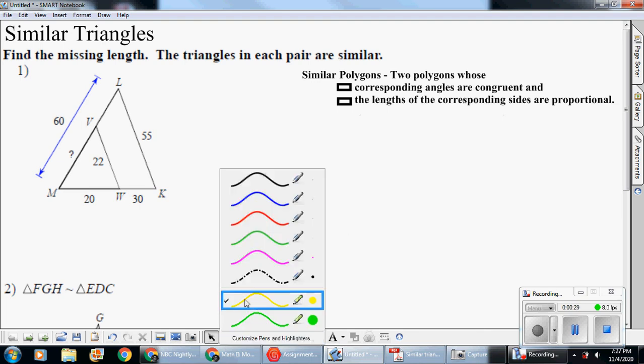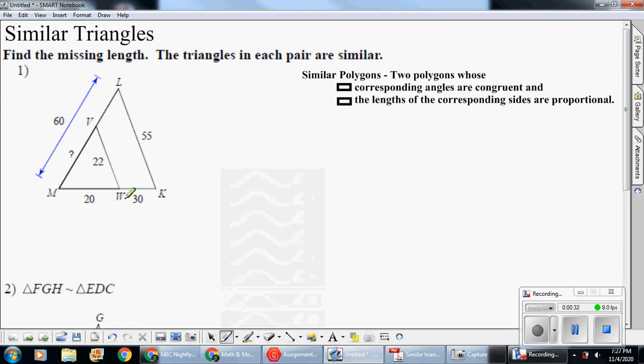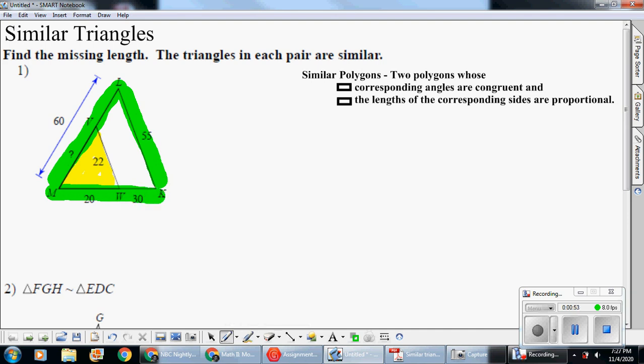So the way you look at these, there are two triangles. One is a small triangle, and the other is the large triangle, this triangle right here. They tell us that those polygons are similar.